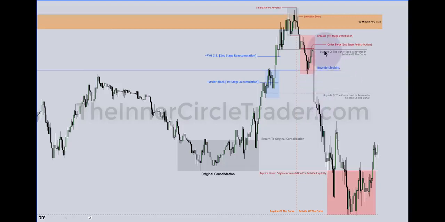If you notice here, I've said that the buy side of the curve is used in reverse on the sell side of the curve, meaning what? This down close candle is a bullish order block. So while we were going up, when it drops back down into this, it should be offering what? Support.